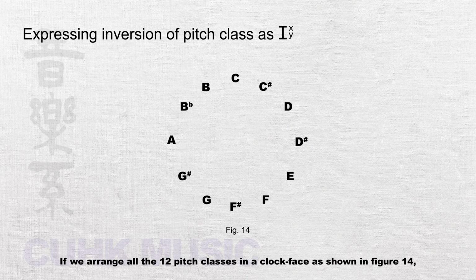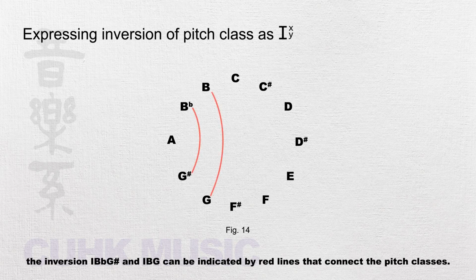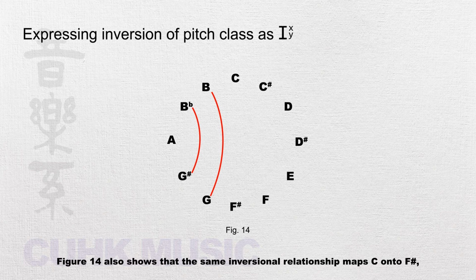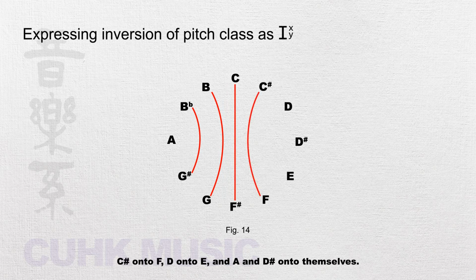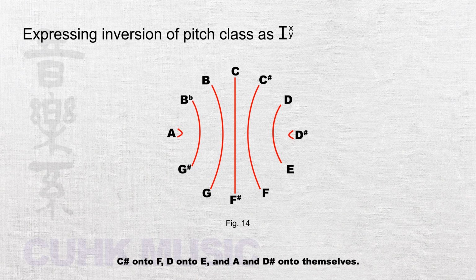If we arrange all the 12 pitch classes in a clock face as shown in Figure 14, the inversions IB flat G sharp and IBG can be indicated by the red lines that connect the pitch classes. Figure 14 also shows that the same inversional relationship maps C to F sharp, C sharp to F, D onto E, and A and D sharp onto themselves.